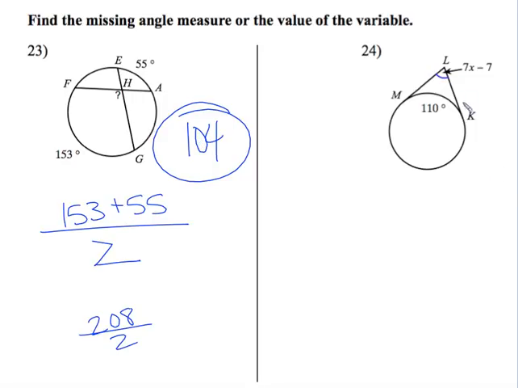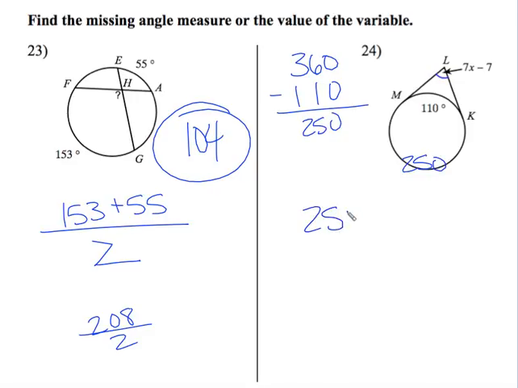Okay, then this one, this is where you subtract them and it's half the arc, but first we've got to figure out what this is. If the whole thing is 360, to get this part we don't know, we just subtract the 110 and get 250 for the big arc, and then subtract. So 250 minus 110 divided by 2 equals the angle, which is 7x minus 7.